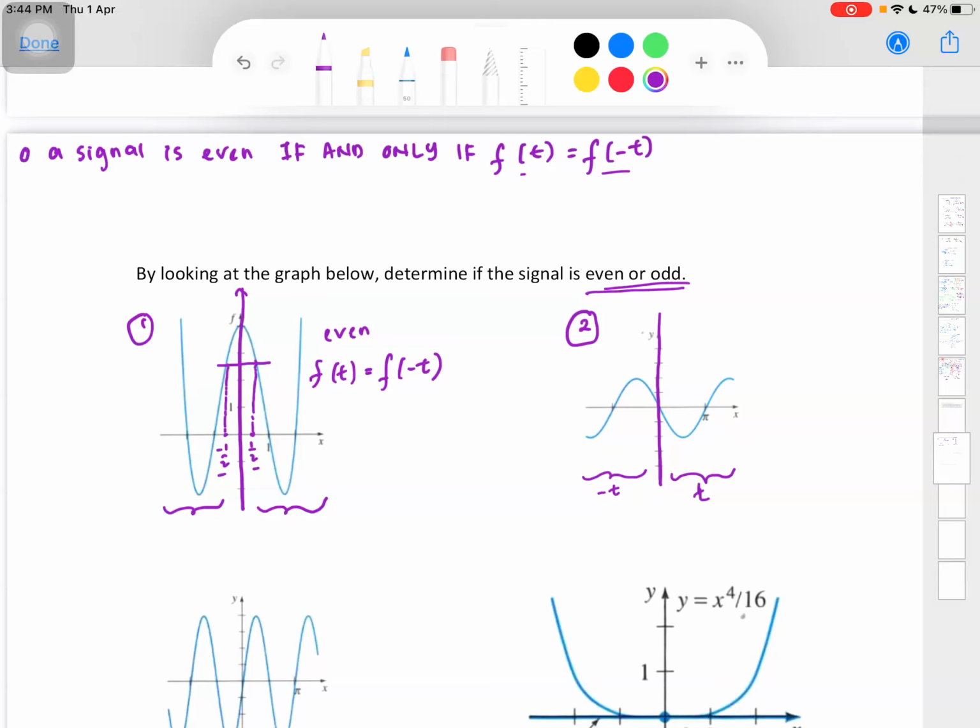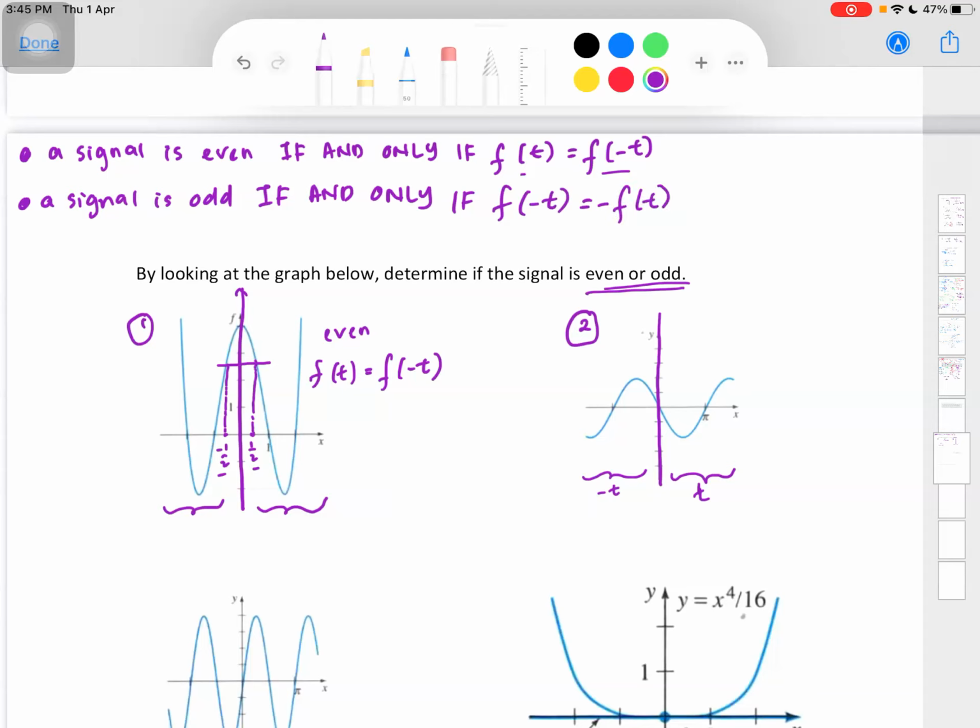Now let's have a look at the definition for an odd signal. A signal is odd if and only if f of minus t equals minus f of t.